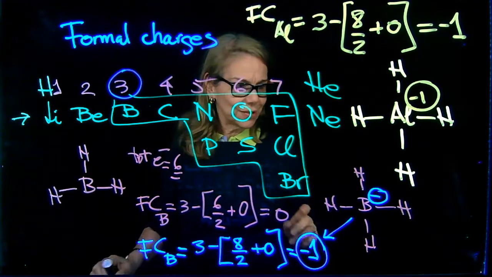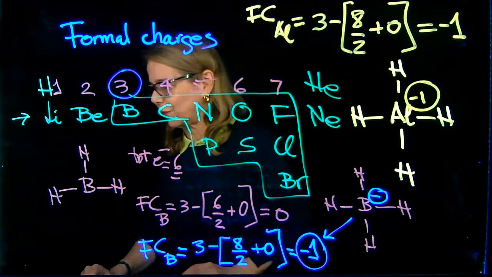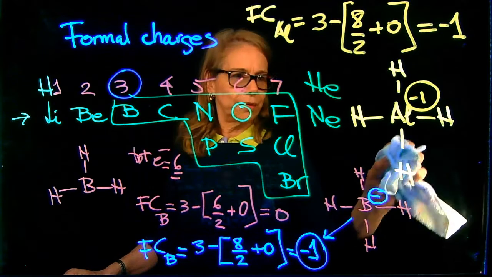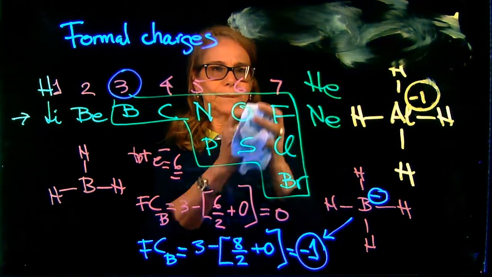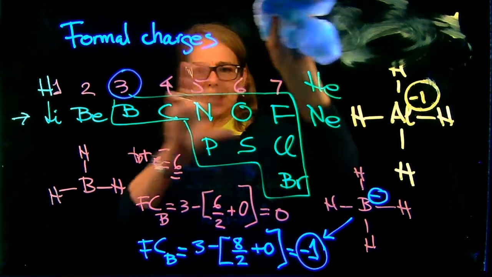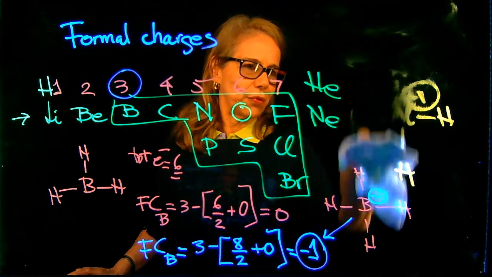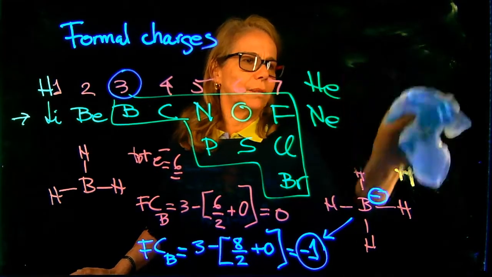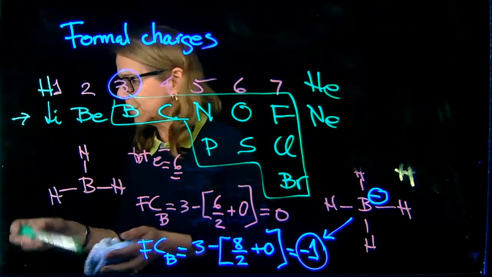Let's do one more about using formal charges here. So I'm going to erase one of these, but I'm going to keep my periodic table so that we can keep track of the number of valence electrons.